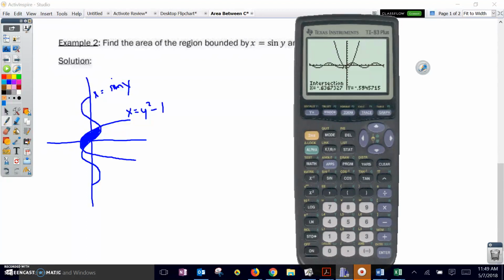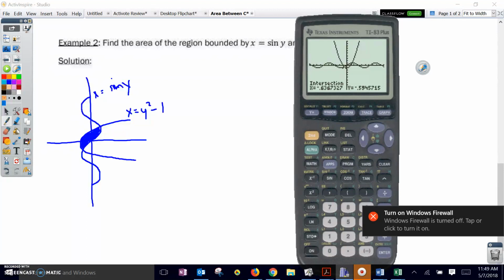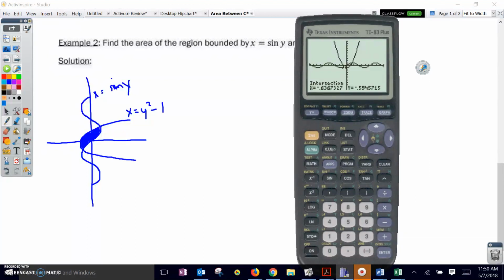The first intersection point is negative 0.6367 and negative 0.5945715. And so I want to switch those coordinates in the real world. And so the x coordinate is the y coordinate and the y coordinate is the x coordinate.